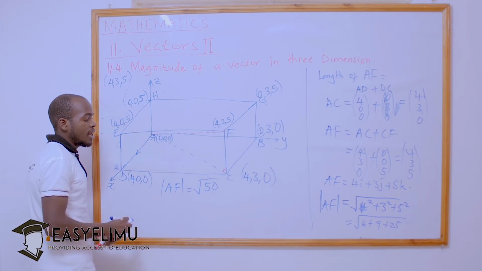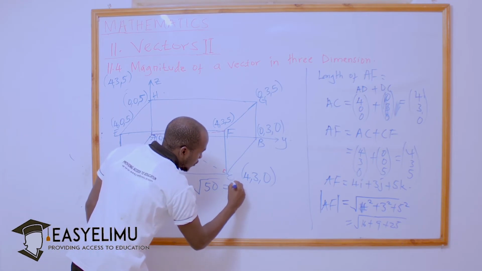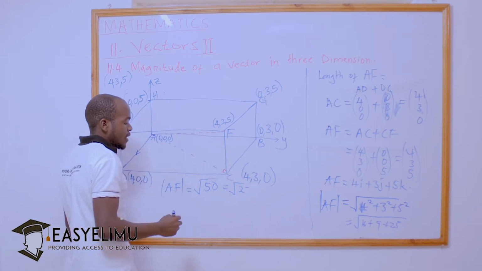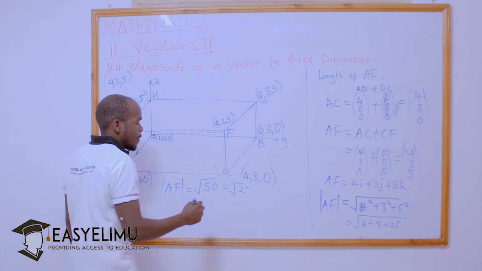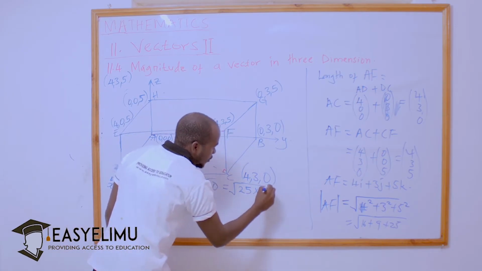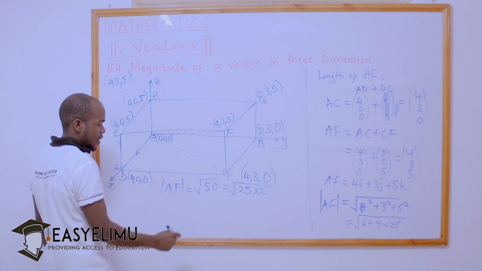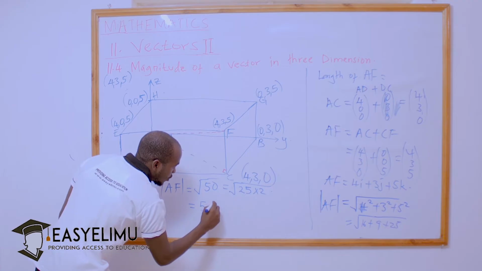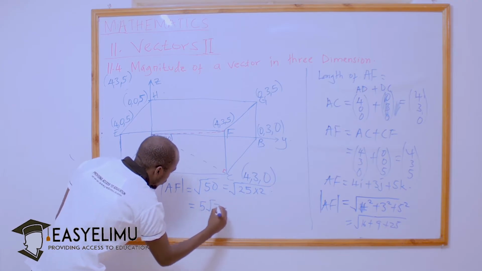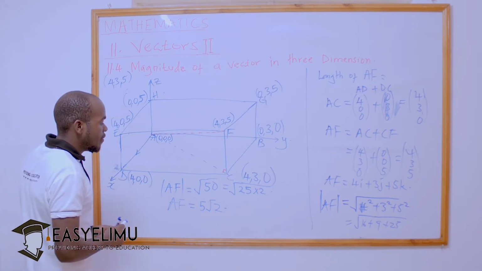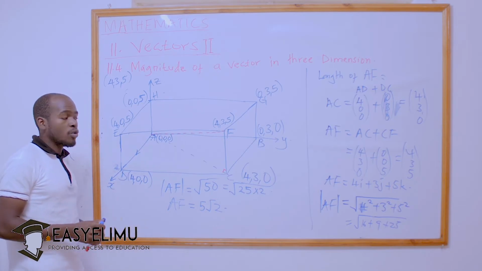This can still be written as the square root of 25 by 2, and that is the same as 5 root 2. So AF can be given by 5 root 2.